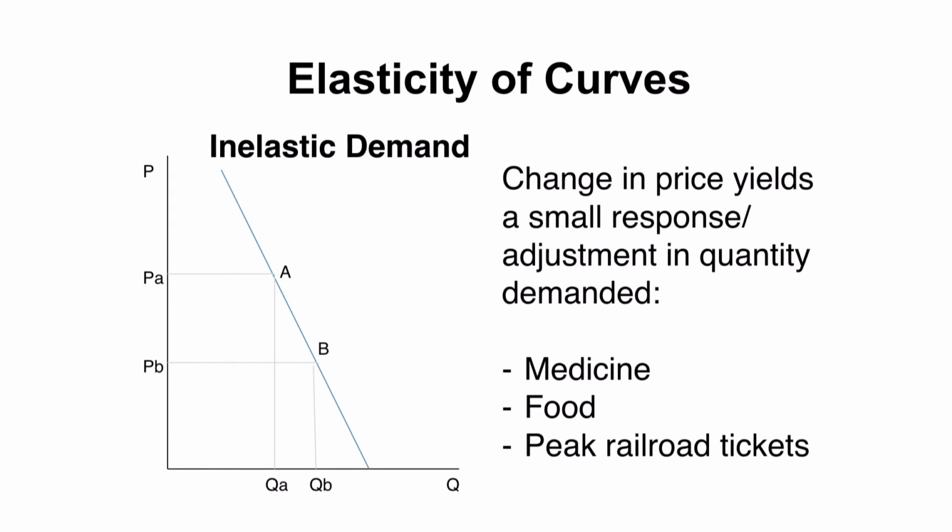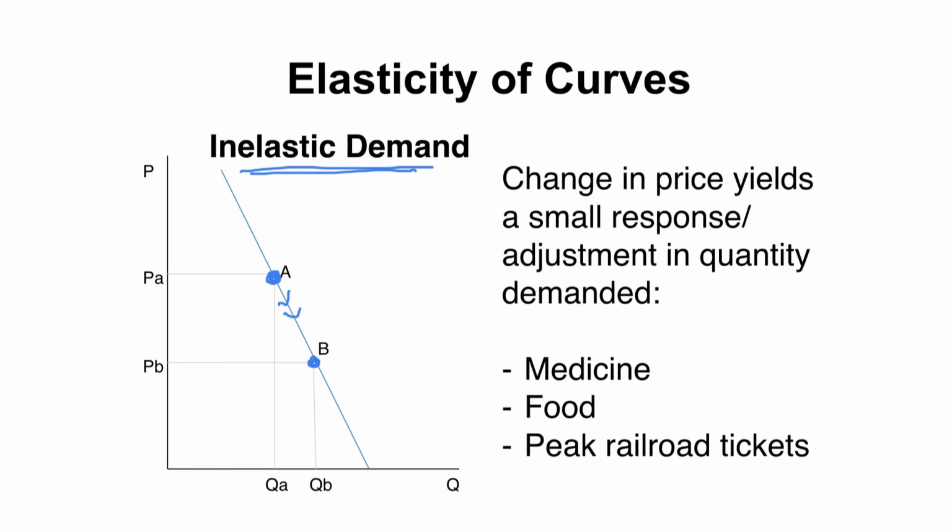Another example that we can think about is inelastic demand. And here, the responsiveness of quantity demanded is small when there is a price change. So here, as you can observe, we're moving from equilibrium A to equilibrium B, moving along the existing demand curve.